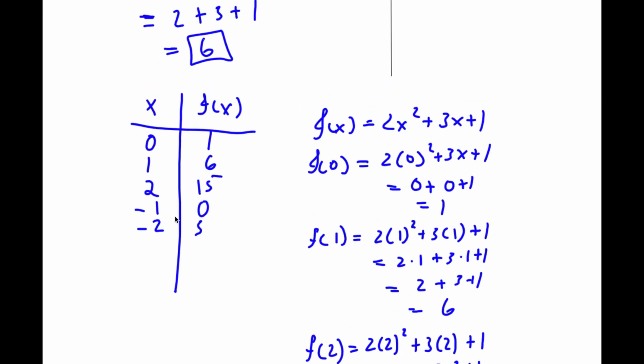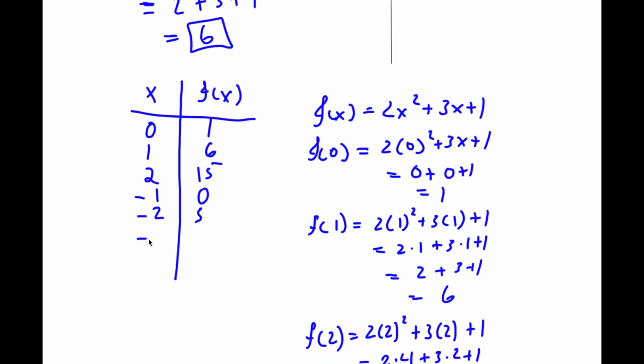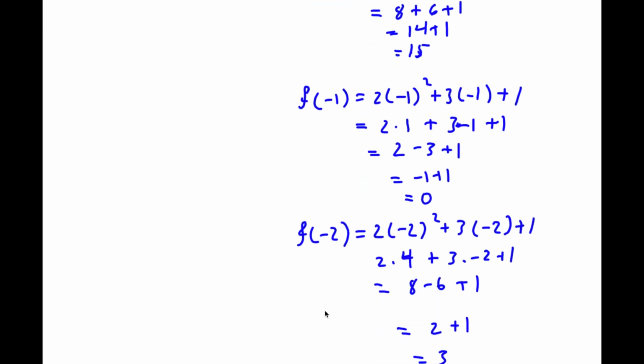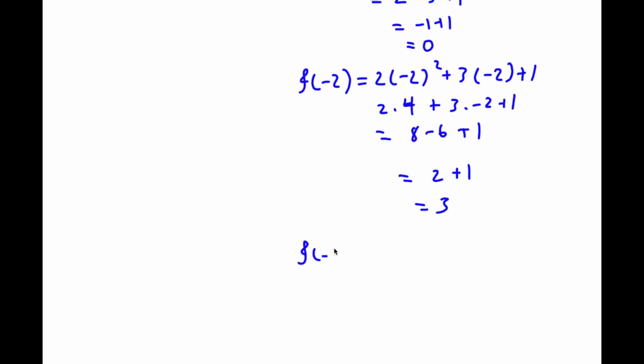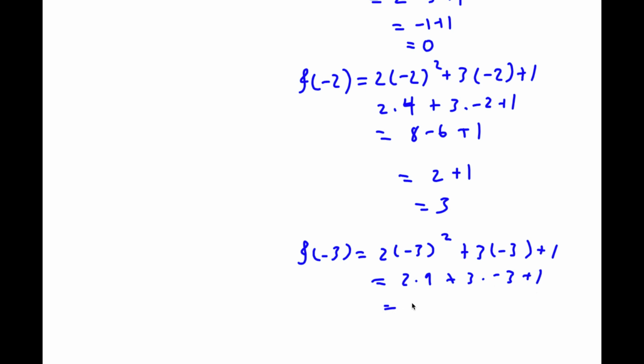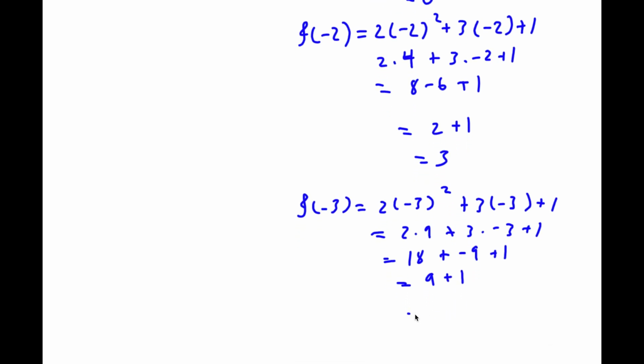And now let's plug in -3. f of -3 is equal to 2 times -3 squared plus 3 times -3 plus 1. -3 squared is 9, so we have 2 times 9 plus 3 times -3 plus 1. 2 times 9 is 18, plus 3 times -3 is -9, plus 1. 18 minus 9 is 9, plus 1 is 10.